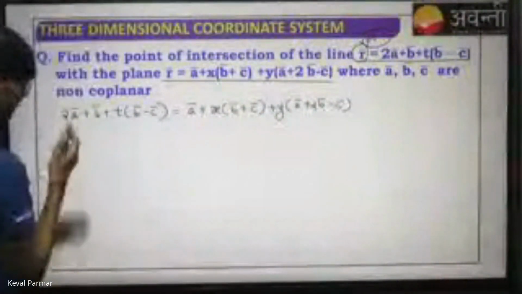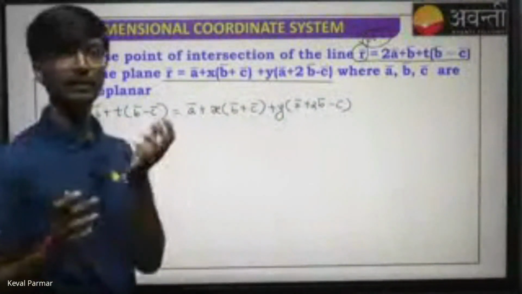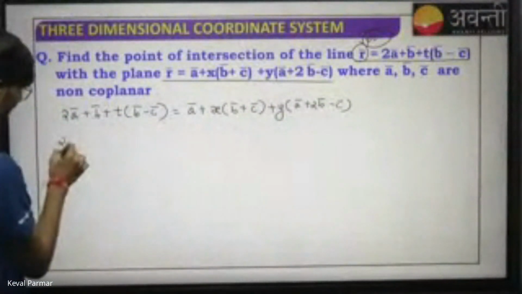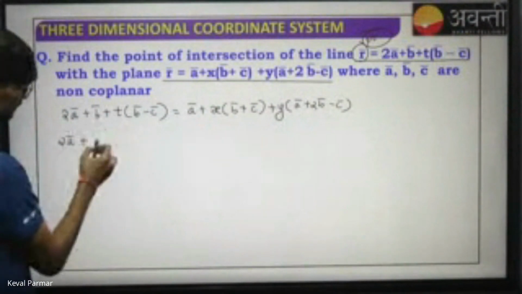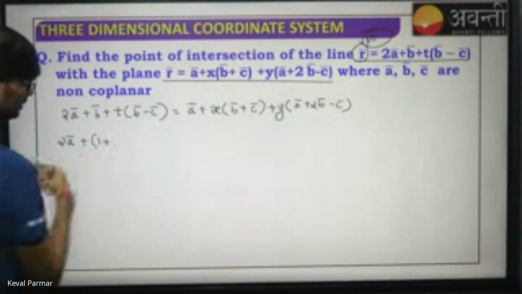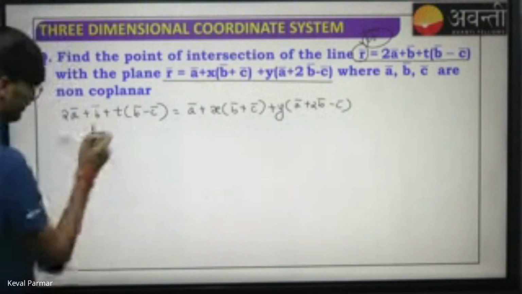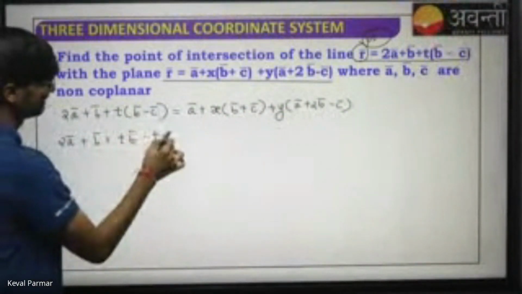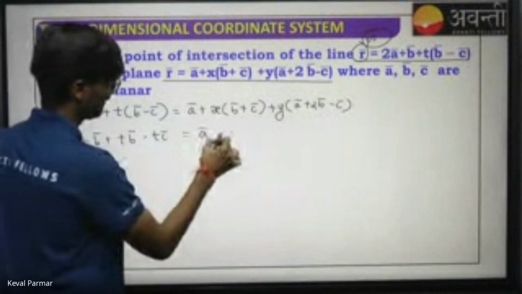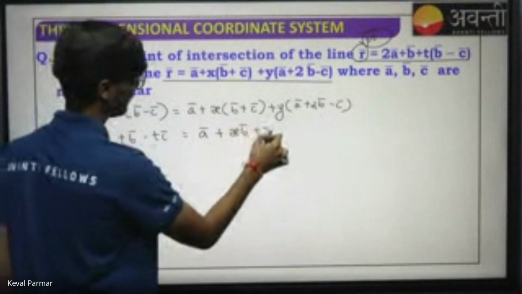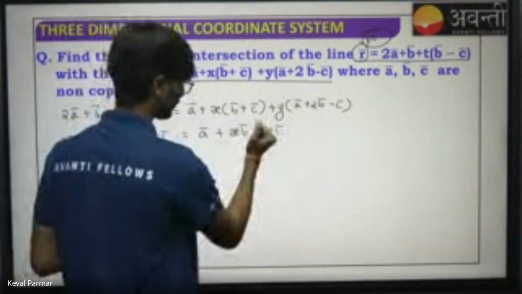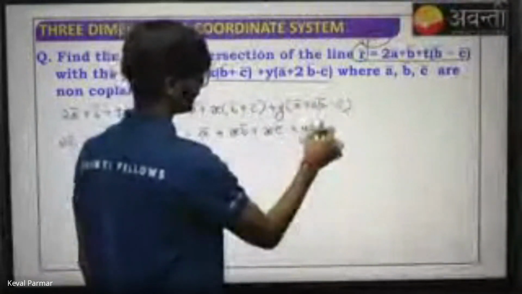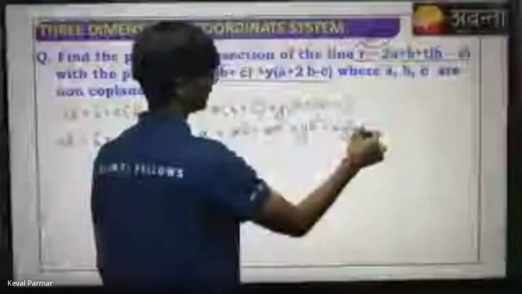Let us get the coefficients of a vector, b vector, and c vector together. So here I can write 2a vector plus (1 plus t) b vector minus t c vector is equal to a vector plus x b vector plus x c vector plus y a vector plus 2y b vector minus y c vector.